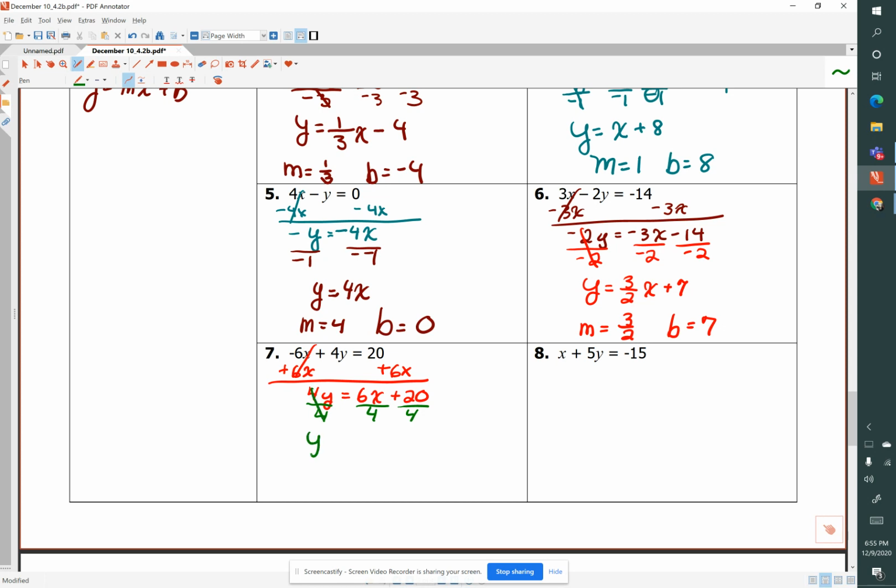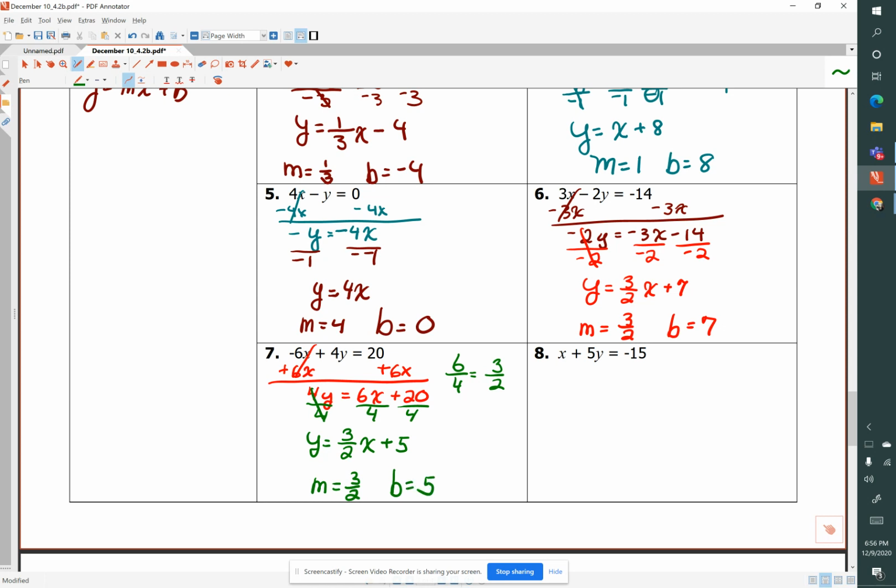So now I've got y equals, and this 6 over 4, we're going to go ahead and simplify that to 3 over 2. So y equals 3 over 2x plus 20 divided by 4 is 5. And our m value equals 3 over 2, and our b value equals 5.